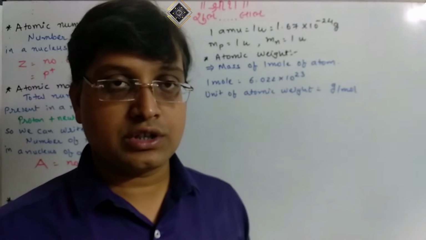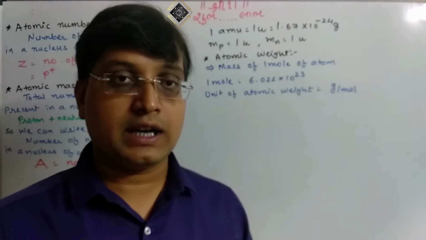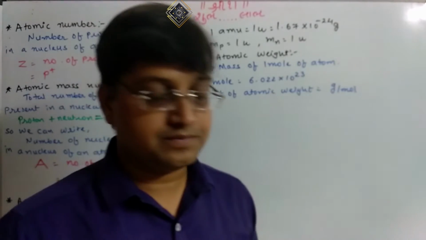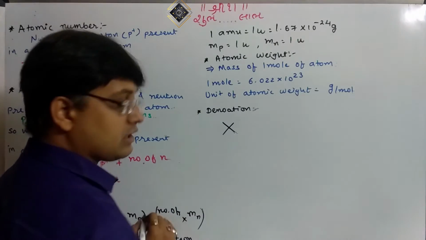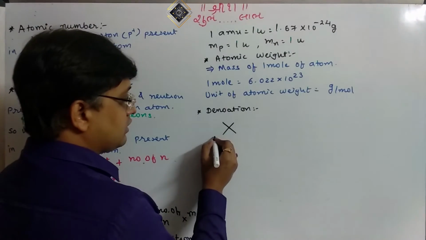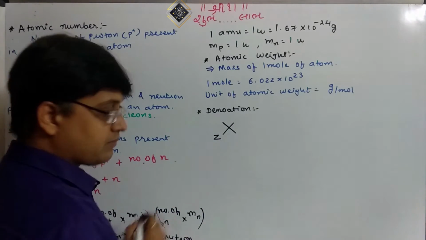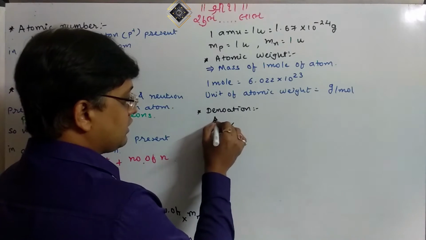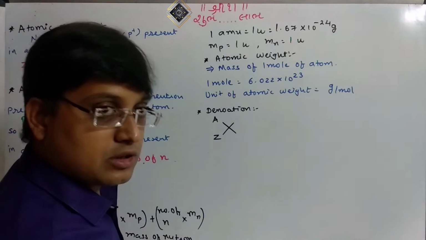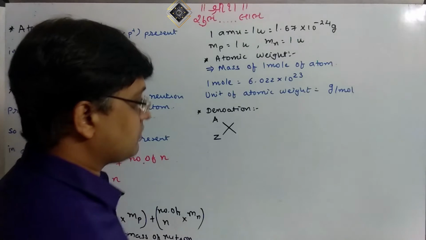Let's see the denotation of the atomic mass number and atomic number in an atom. Suppose X is an atom. Then the atomic number is in a subscript, that is Z, and A, the atomic mass number, is in a superscript.